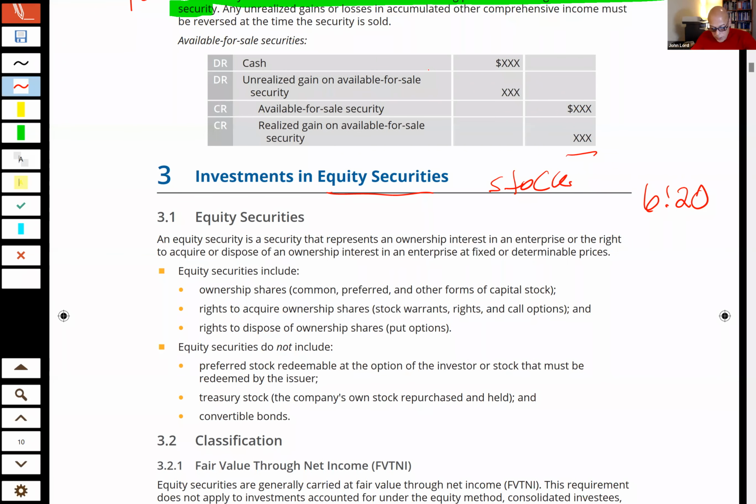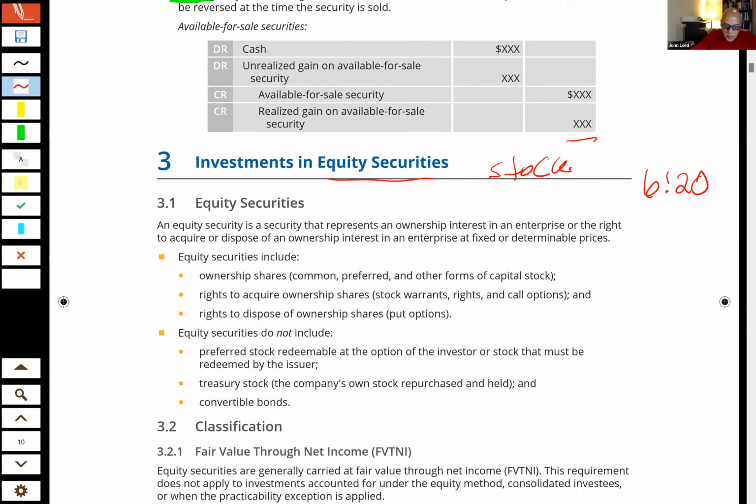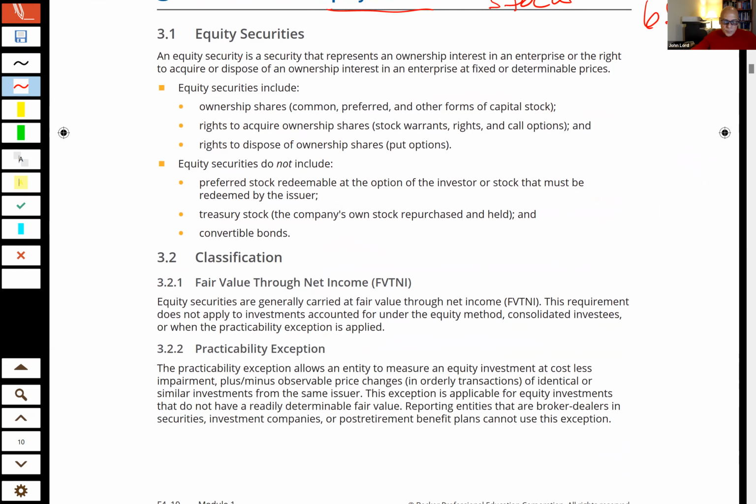Okay, guys, so I've gone ahead and resumed the recording, and we're going to start talking about how to account for investments in stocks, essentially, calling it equity securities. We're pretty much talking about stocks. Now, when we come over, we can see that we are to use something called the fair value through net income method.